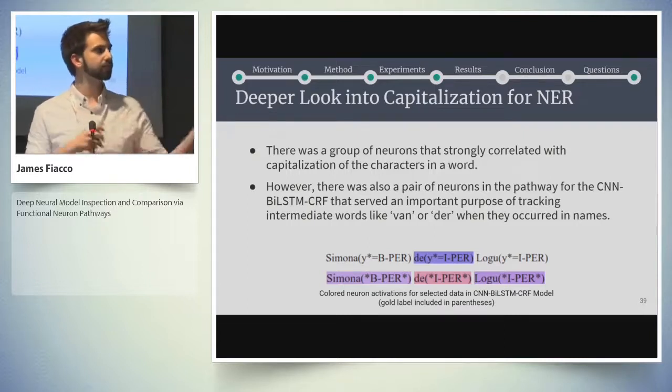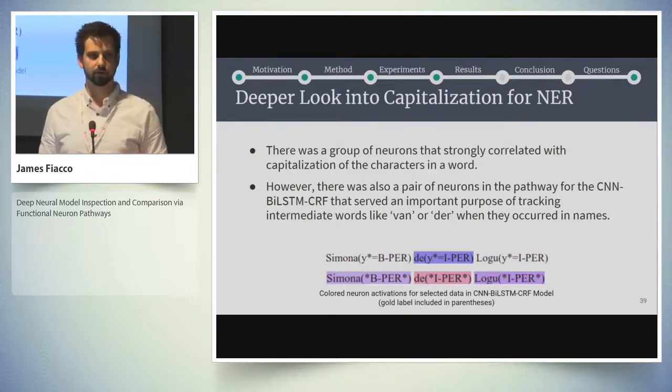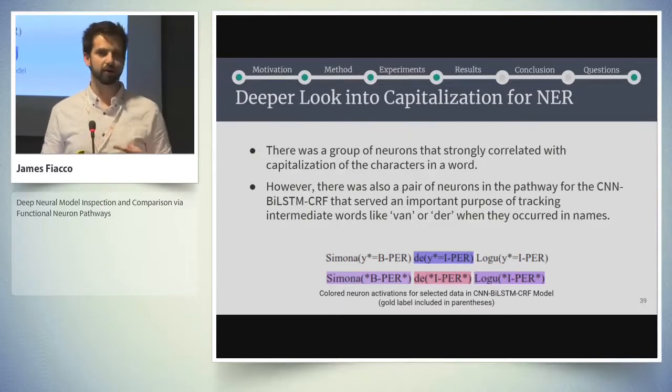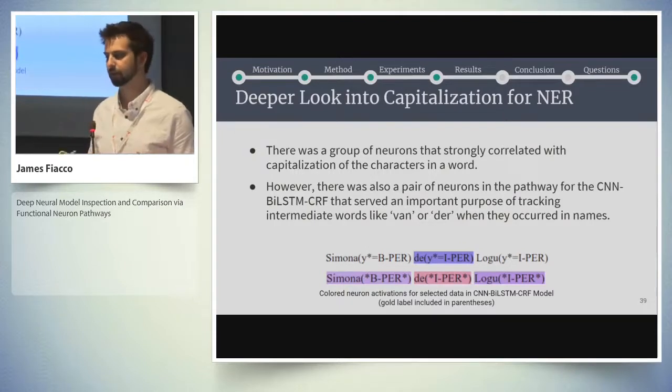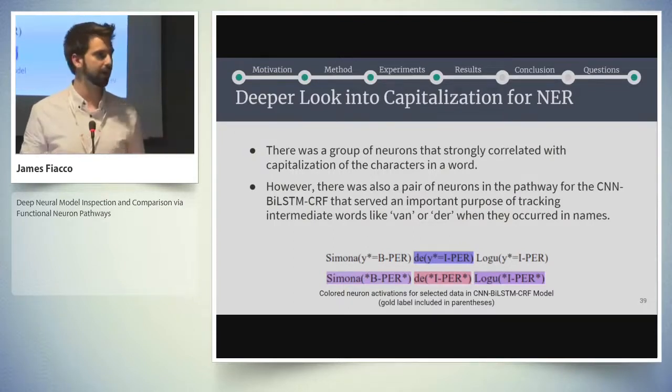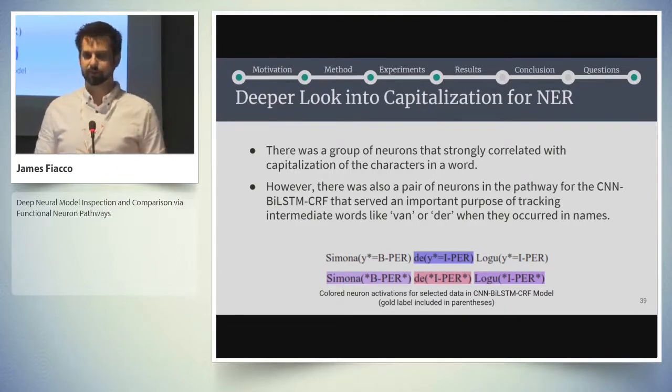This was true in the CNN model, but we did not find a similar set of neurons in the BiLSTM model, indicating that this exception to the general heuristic of capitalization being important for proper nouns and named entities might be improving the CNN-based model.